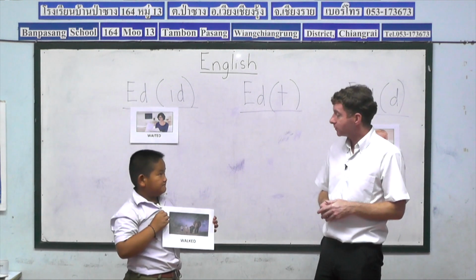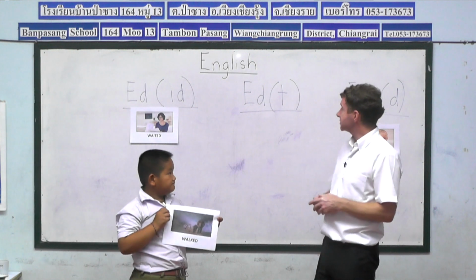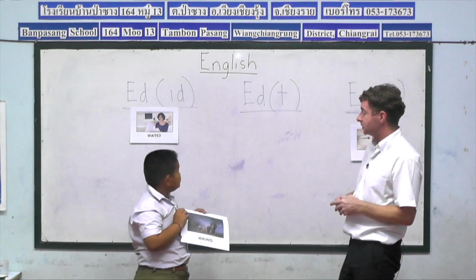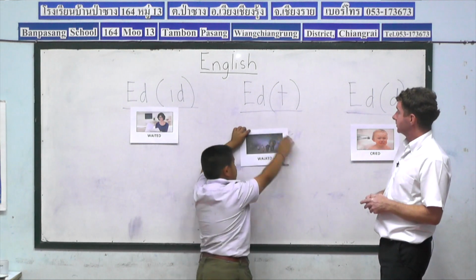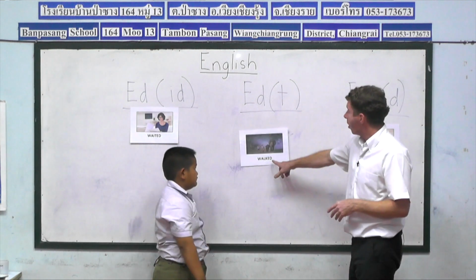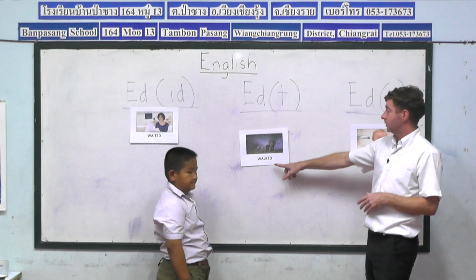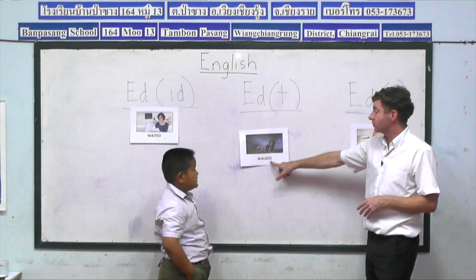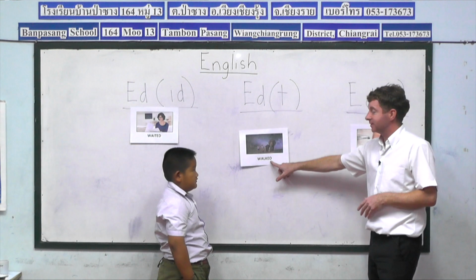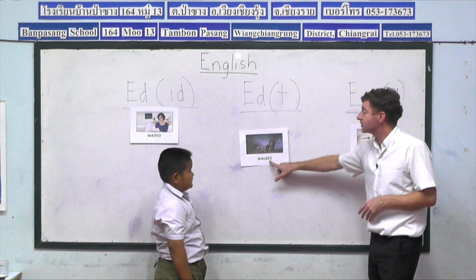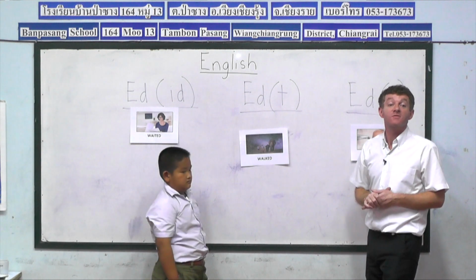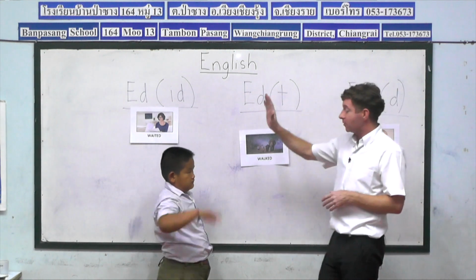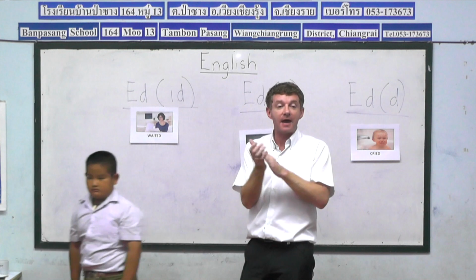Walked. So what column do you think it goes in? And can we say it one more time? Walked. Net, can you say walked? Walked. And one more time together, guys. Walked. Okay, Net, very good. Big round of applause for Net, please, guys.